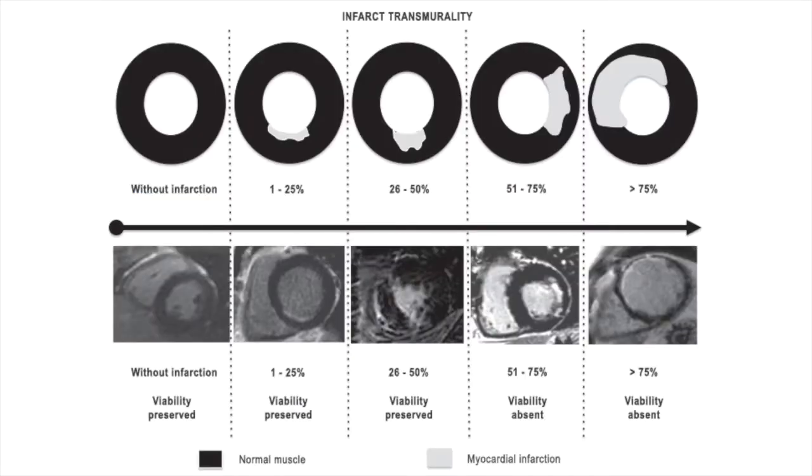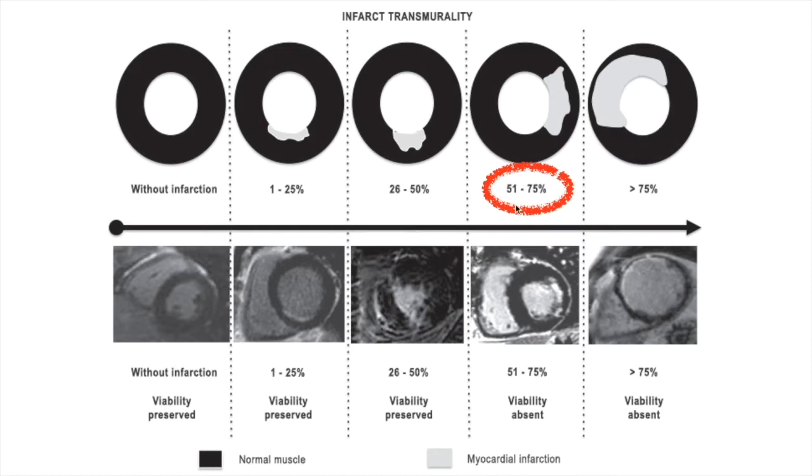In delayed enhancement imaging, it is critical to know that any segment which has more than 75% transmurality is non-viable, whereas anything which has less than 50% transmurality is viable.